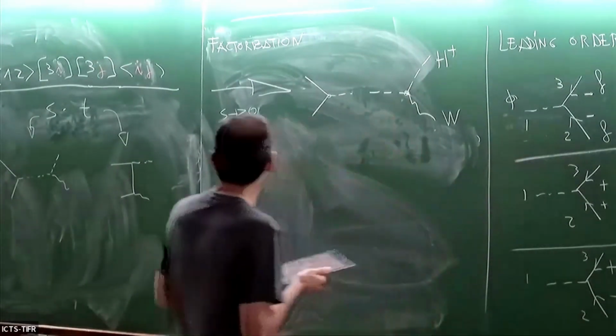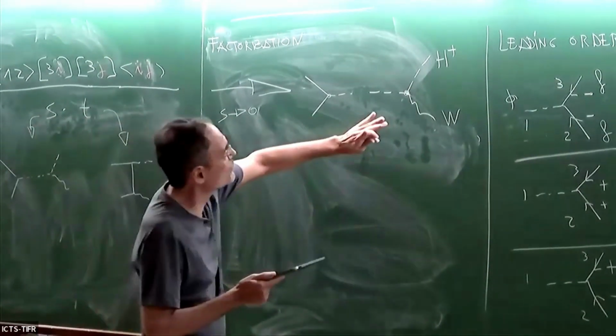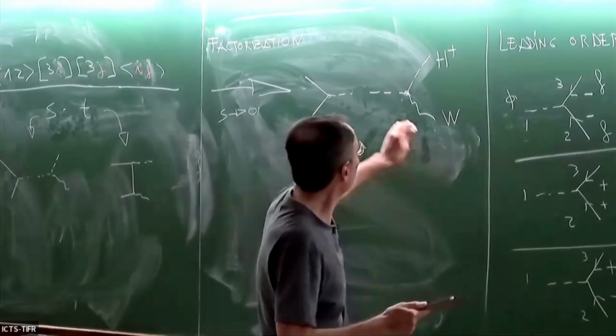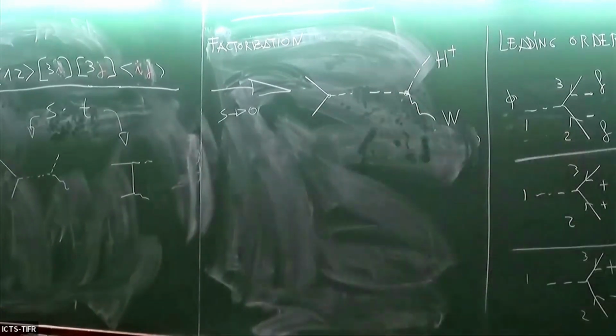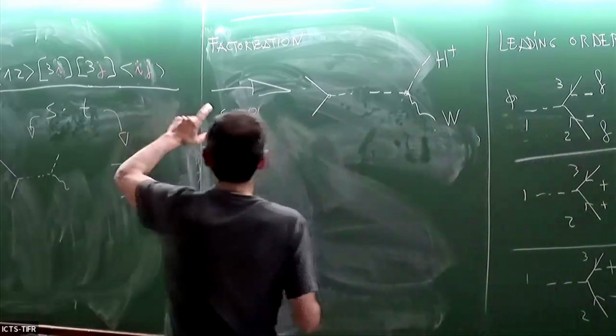So let's see if it goes in the right way. We're going to take the diagrams by knowing that one vertex is this one, and the other vertex is this one. So I take this thing, that thing, and that thing should factorize to this product.